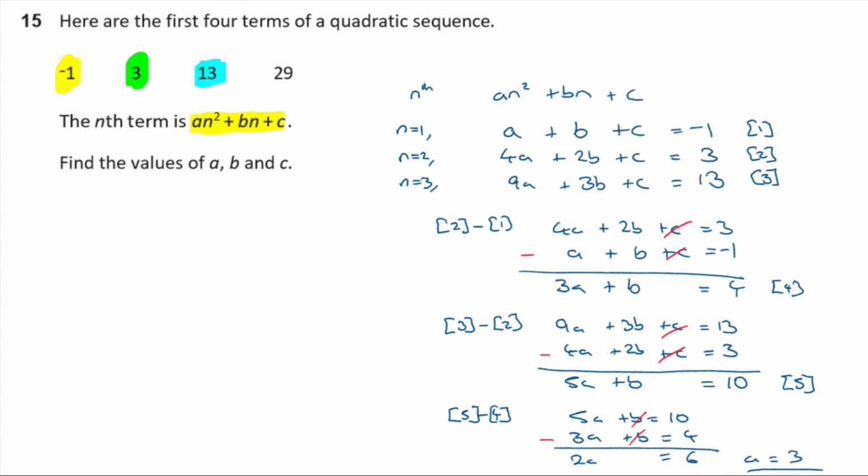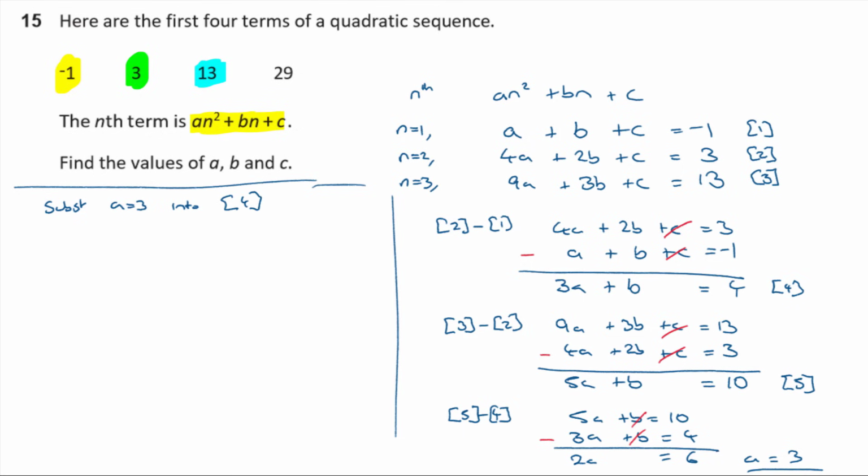Okay, so now I've got my value of a. I can then sub back into one of my equations, either 4 or 5, to find b. So I think I'm going to do it over here because I'm running out of space. So substitute a equals 3 into equation 4, let's say.